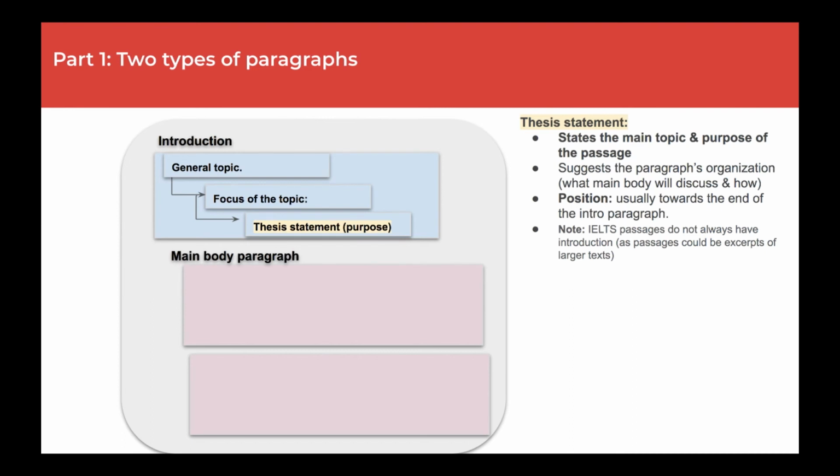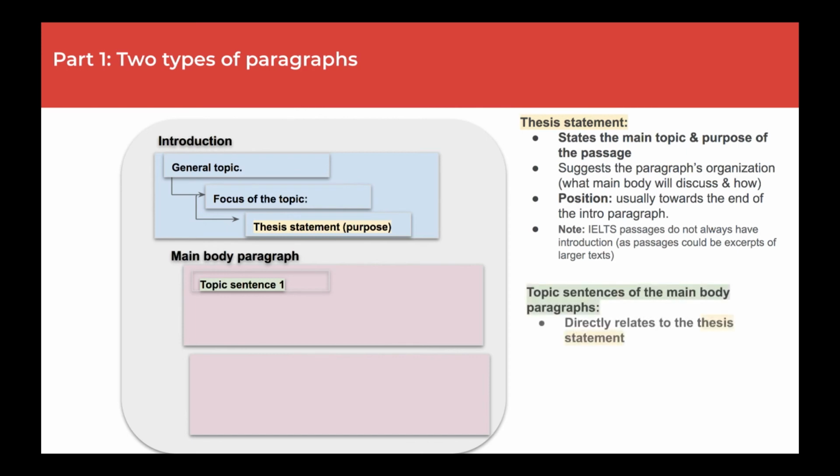Unlike the introduction, the main body paragraph has a different structure. Usually a main body paragraph starts with the topic sentence. The topic sentence says what this paragraph will be about. And the topic sentence directly relates to the thesis statement, so it develops the thesis statement.